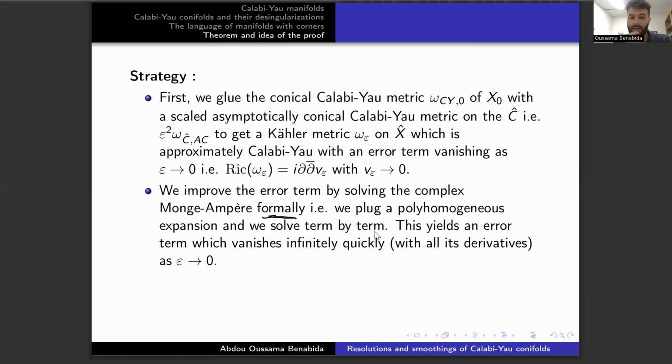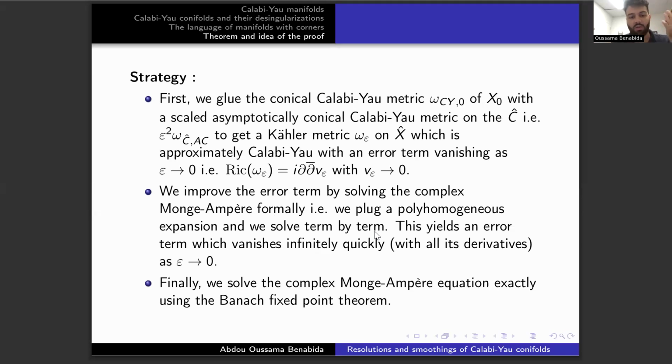When we plug in a polyhomogeneous expansion we can solve term by term, and this allows us to improve the error term, and the error term now vanishes infinitely quickly. This means not only does it vanish when epsilon goes to zero, but also all of its derivatives. And we finish by solving the equation exactly using a Banach fixed point argument.